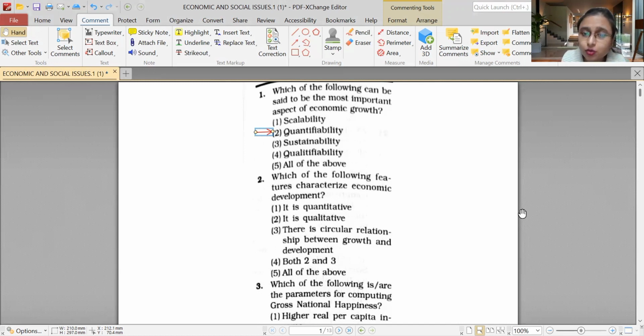Now coming to qualitative, we can see that economic development is quantitative as well as qualitative in nature. What do I mean by this? If we are measuring only through quantitative terms and not by qualitative terms, then we are not talking of development only. We are talking of economic growth.